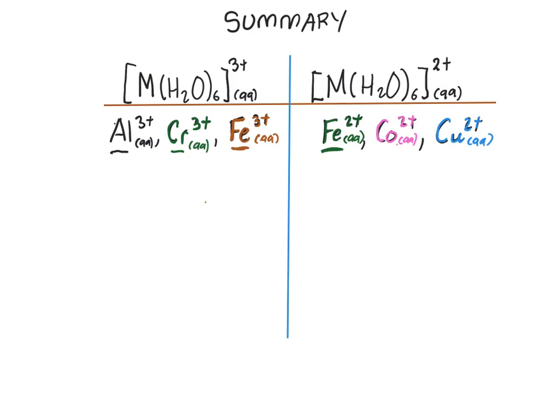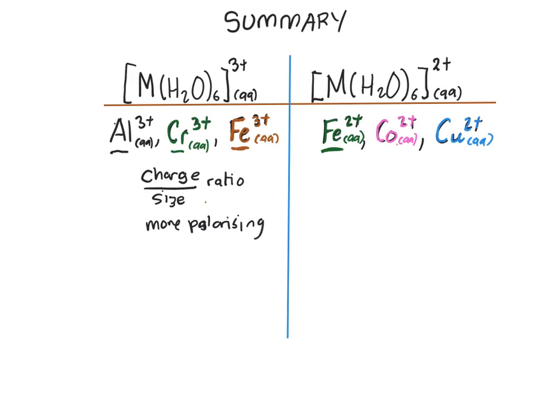So all of the 3 ions we say are more acidic, and remember that was due to the charge size ratio, which makes them more polarizing. We saw that the pH was lower.